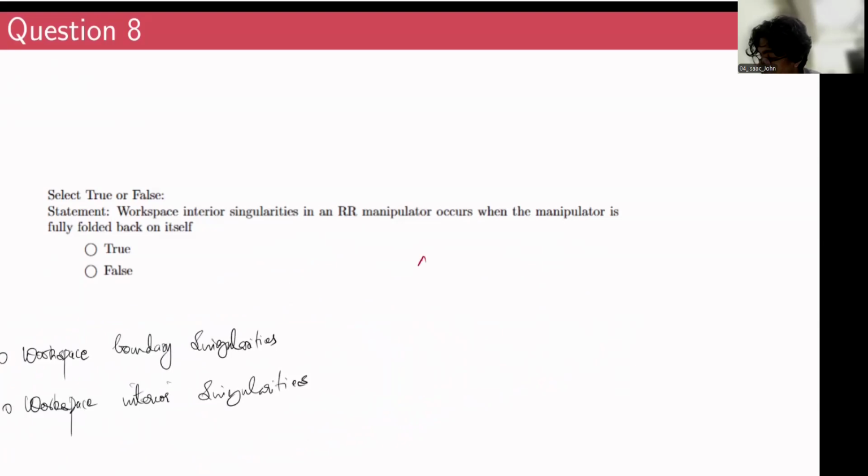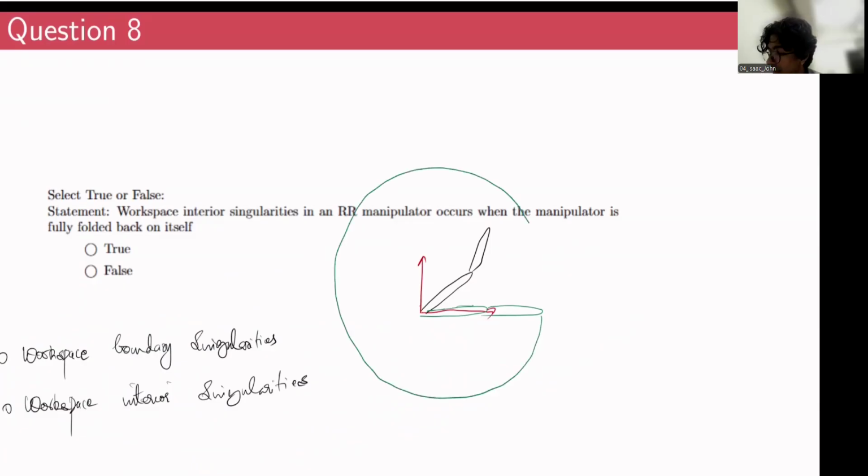If this is the origin, and you have an RR robot like this, consider it to be fully stretched at this position. When it is fully stretched, the maximum region it can enclose is this circle. Any fully stretched configuration can reach up to this circle. It cannot go beyond that circle. So this is one continuous boundary.